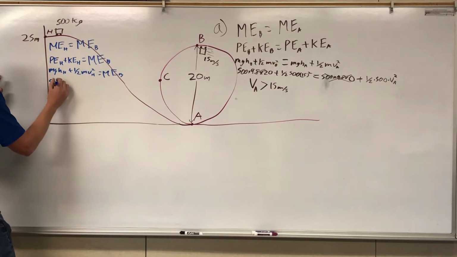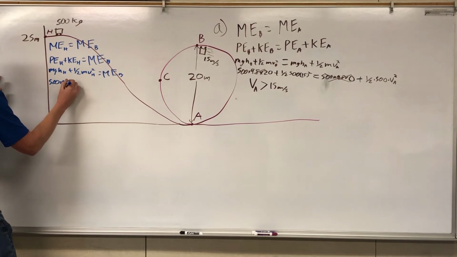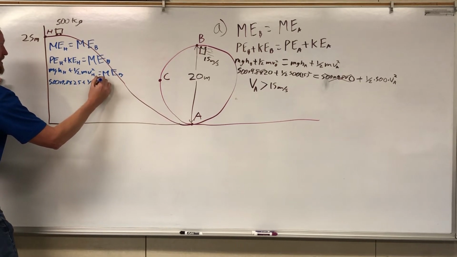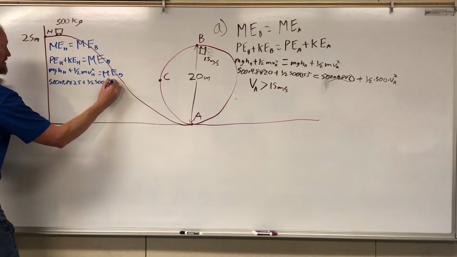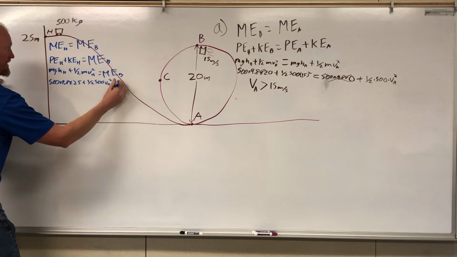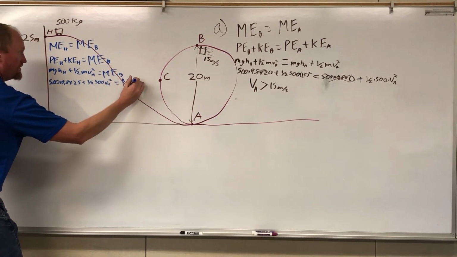Same thing, 500 times 9.8 times the height, 25, plus 1/2 times 500 times VH, which is what you're trying to find. Don't forget the square root. And what does that all equal? Well, you've already figured that out.